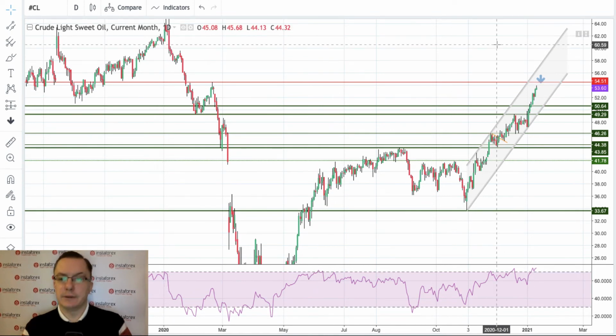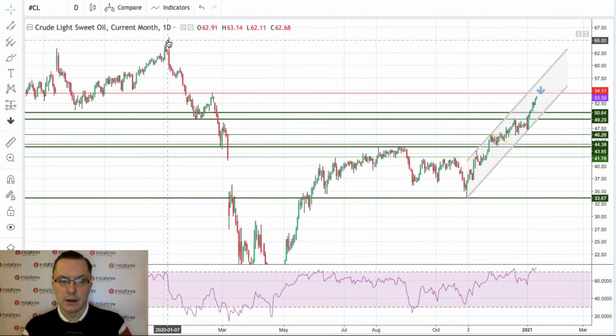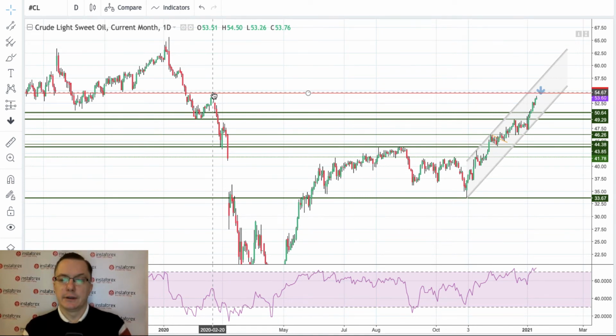No, the 2020 is still above 60, I guess. Yes, there you go. This is the high of 2020, and that's the 8th of January 2020, something about 65, 63. Okay, so the crude oil is already the most expensive in 2021, but it's January, so it's not a big deal.